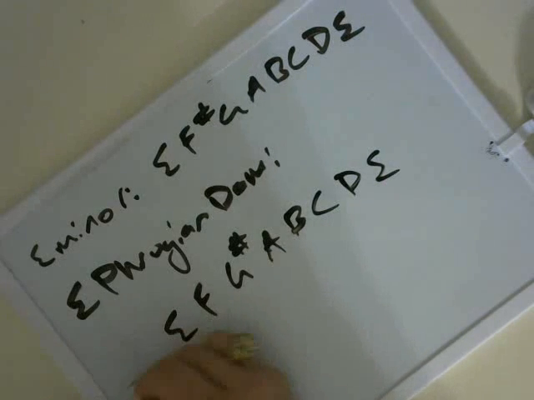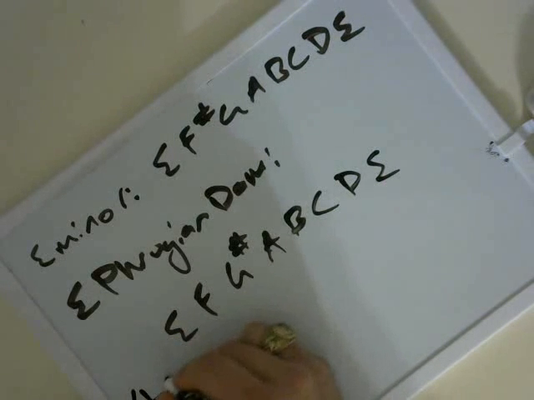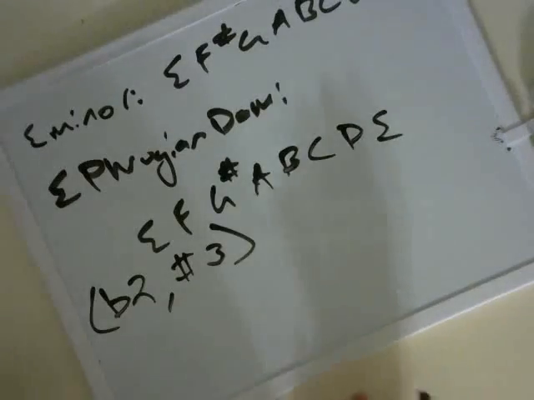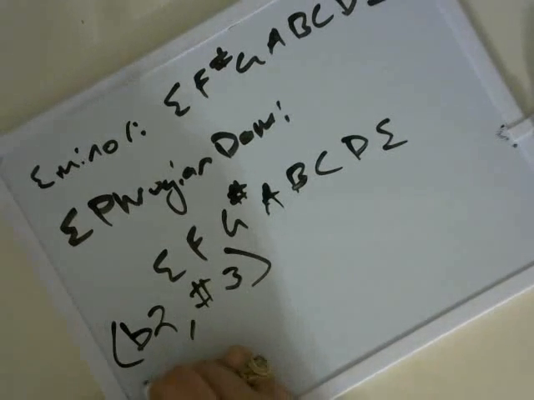So that's going to be flat 2 and sharp 3. It's kind of easy to do that. And then there's building it from the major scale, which is a little bit more complicated.